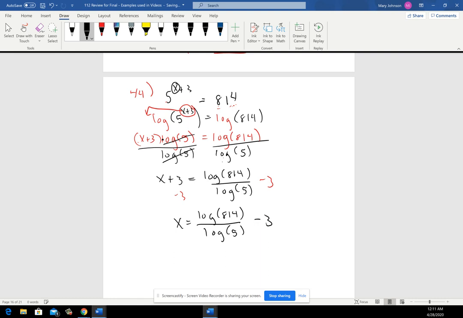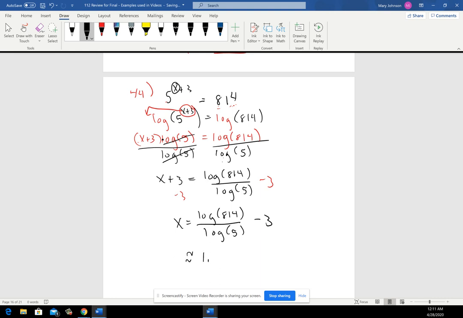Now you type that in if they want a decimal approximation. Make sure you use log if that's what you did the first time. Use the log in both spots. You could have used natural log just as easily. And we would get that to be approximately 1 point, and let me check.